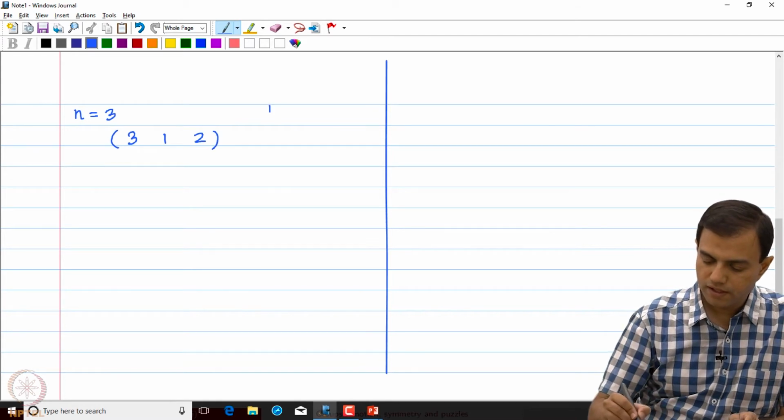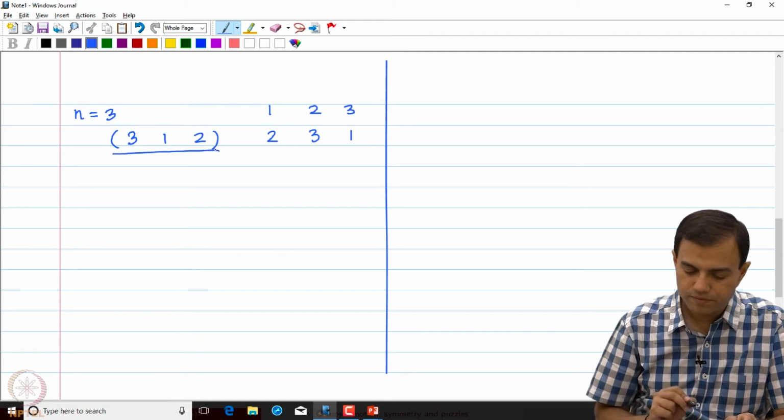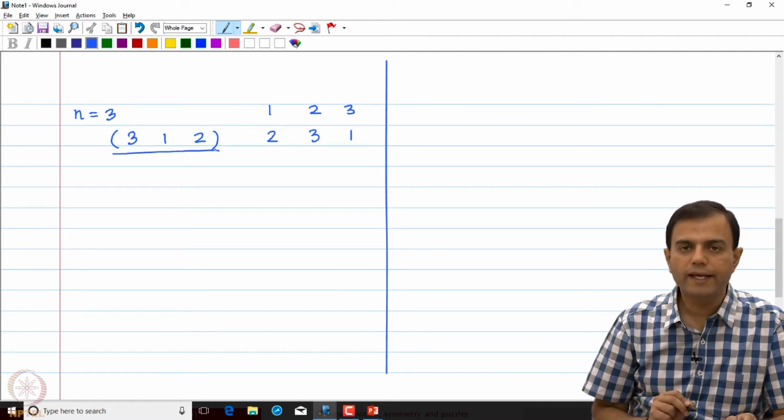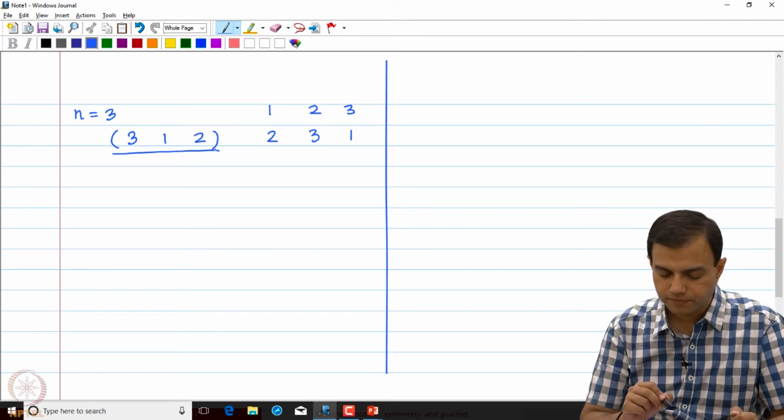What is that? 3 is going to 1, 1 is going to 2 and 2 is going to 3. So I am taking this permutation (3 1 2). I can express it as a product of two transpositions.